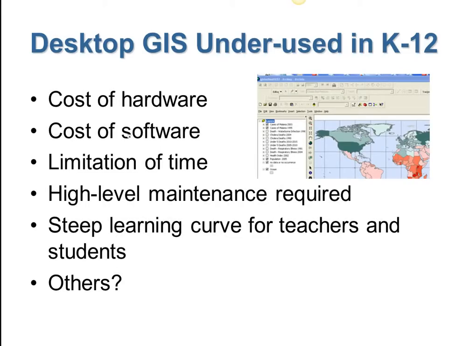And then desktop GIS, which we will attempt to use in a couple weeks, is still fairly underused for K-12 classes, just because it has been expensive in the past. The hardware to run it is expensive. Trying to keep your lab updated and getting the ability to actually load it in your lab is difficult.